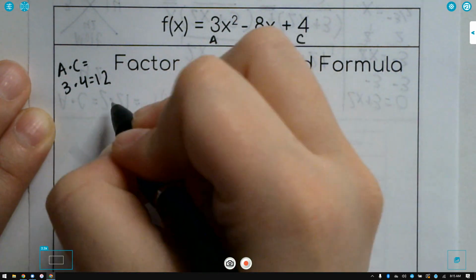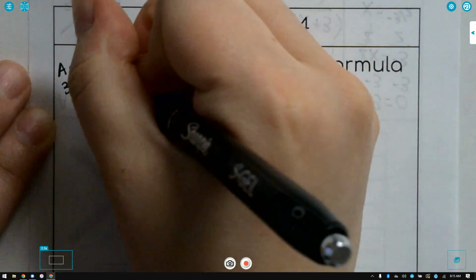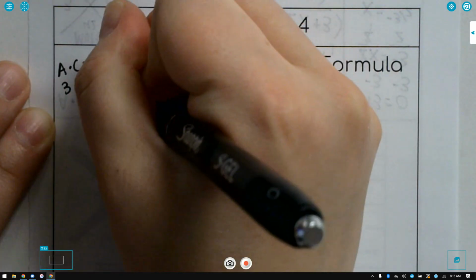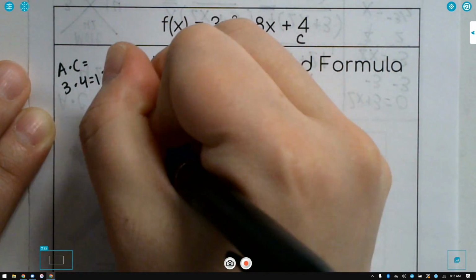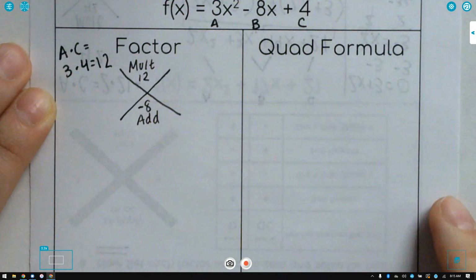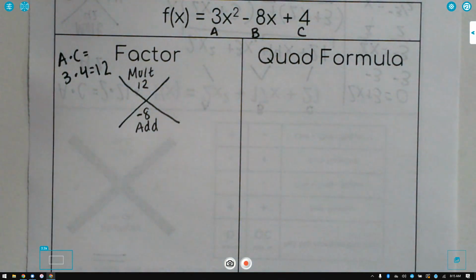So we are looking for two numbers that multiply together to be 12 and they need to add together to be -8. What multiplies to 12 and adds to be -8? -6 and -2. And let's go ahead and do them in that order.